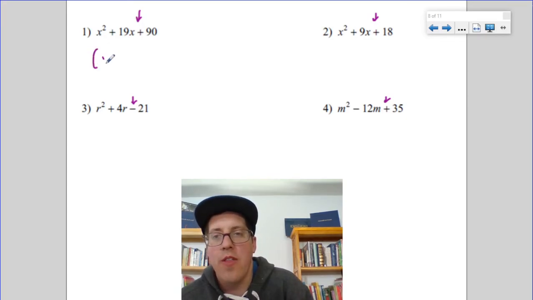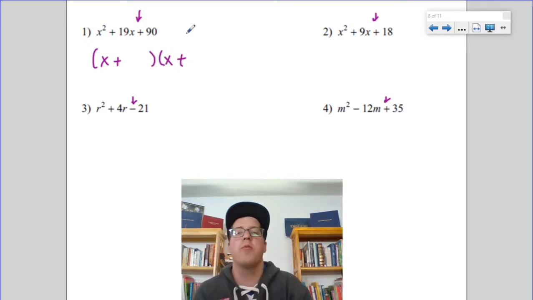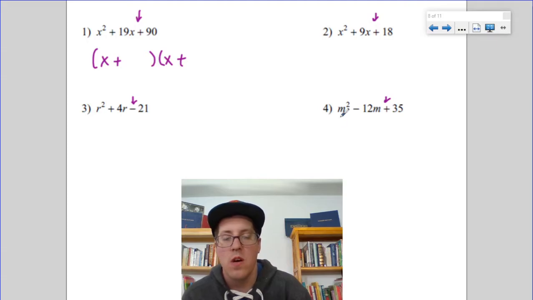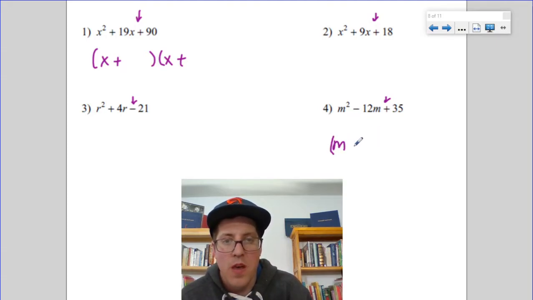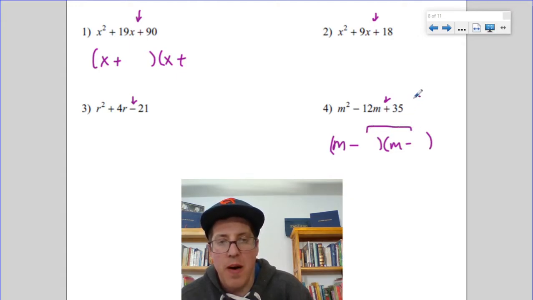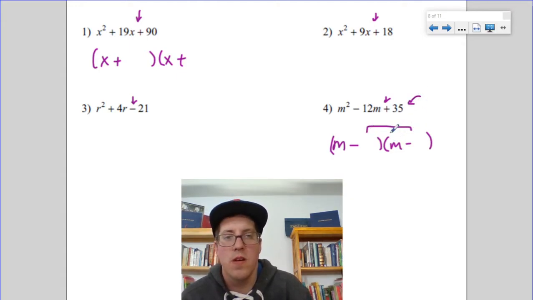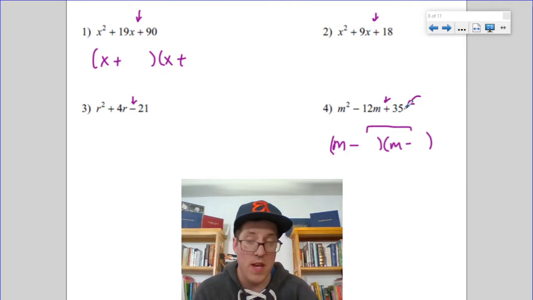So it either has to be something like x plus and x plus, to make both of the lasts positive, or perhaps like in problem number 4, m minus and m minus. Here, my lasts would have to multiply to make positive 35. In this case, it's going to be negative 5 times negative 7.